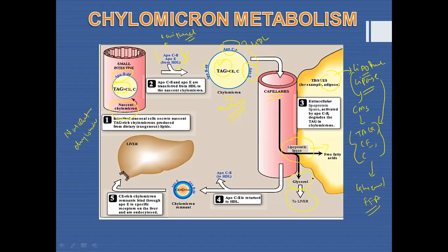Okay, adipose tissue cannot utilize glycerol, reason you already know. Okay, fine. So after delivering the free fatty acid and glycerol to the various peripheral tissues, the TG content will be reduced from the mature chylomicron.